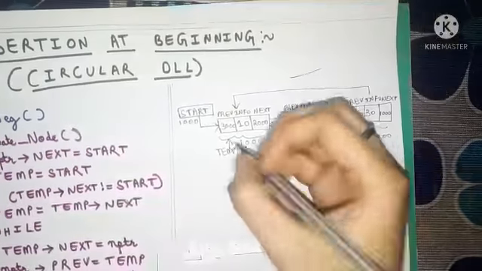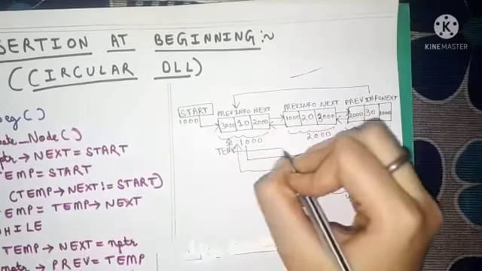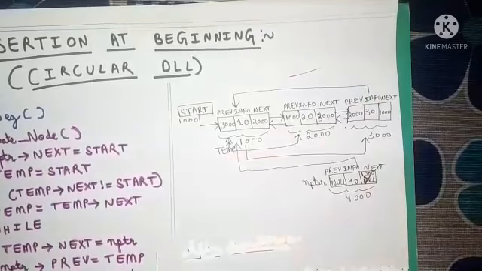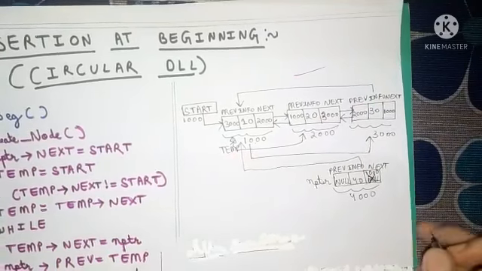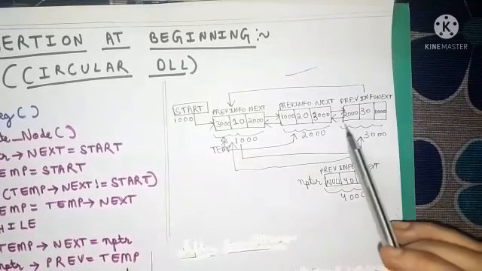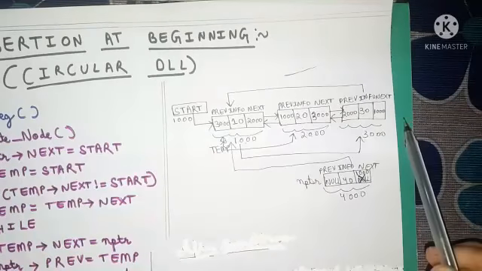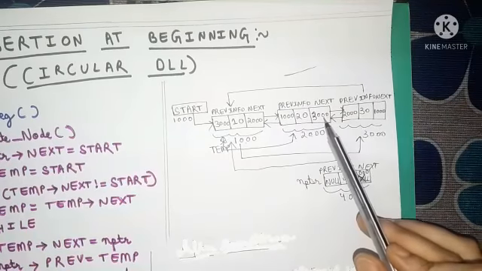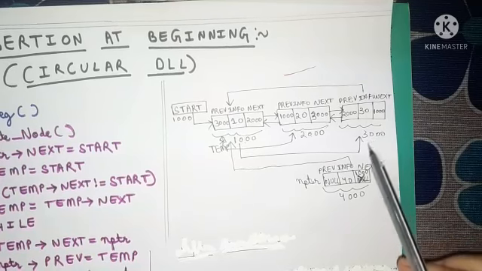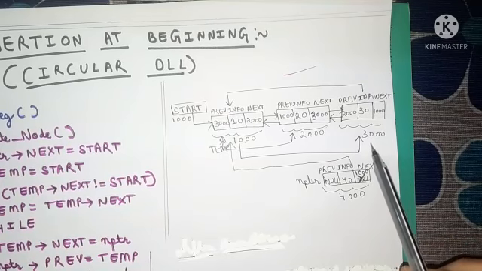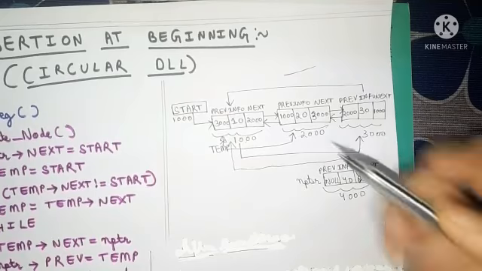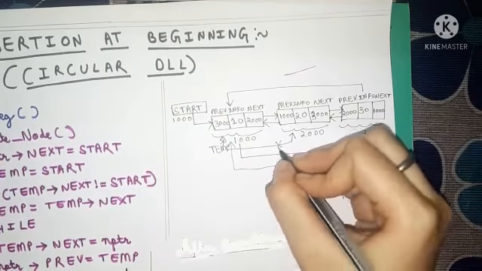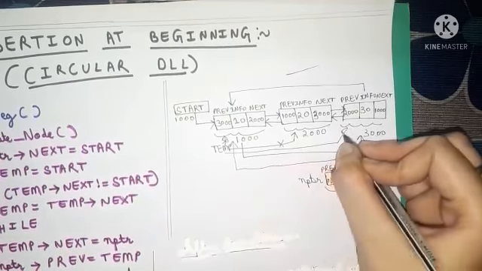We will set temp is equal to temp next and this temp will now point to the node whose address is 2000. After that it will again check while temp next not equals to start. Here it is pointing to the next node whose address is 3000. So this condition is again true, and again temp will be set to temp next.